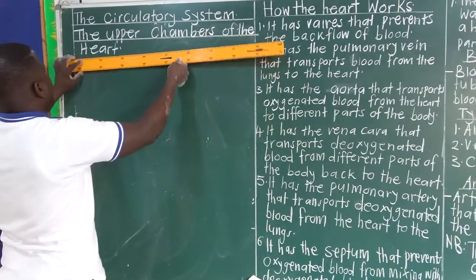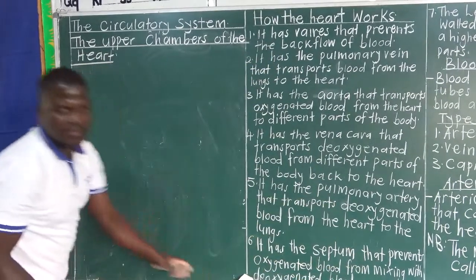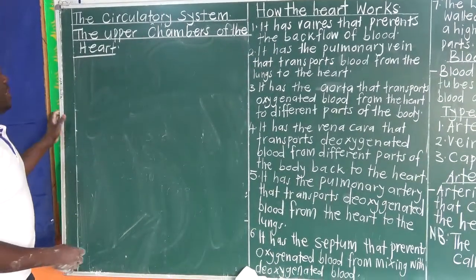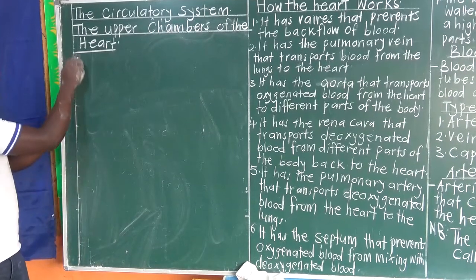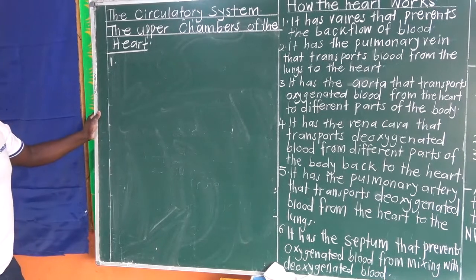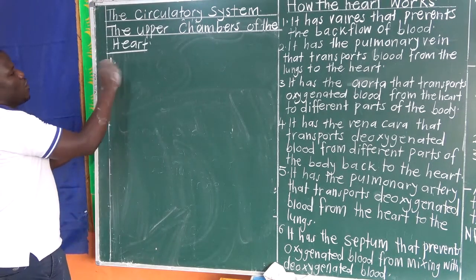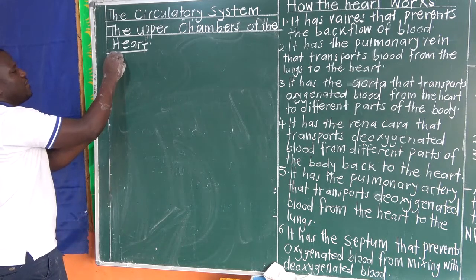Now, the heart has four chambers. We said we have the lower chambers and the upper chambers. The upper chambers are called auricles, then the lower chambers are called ventricles.